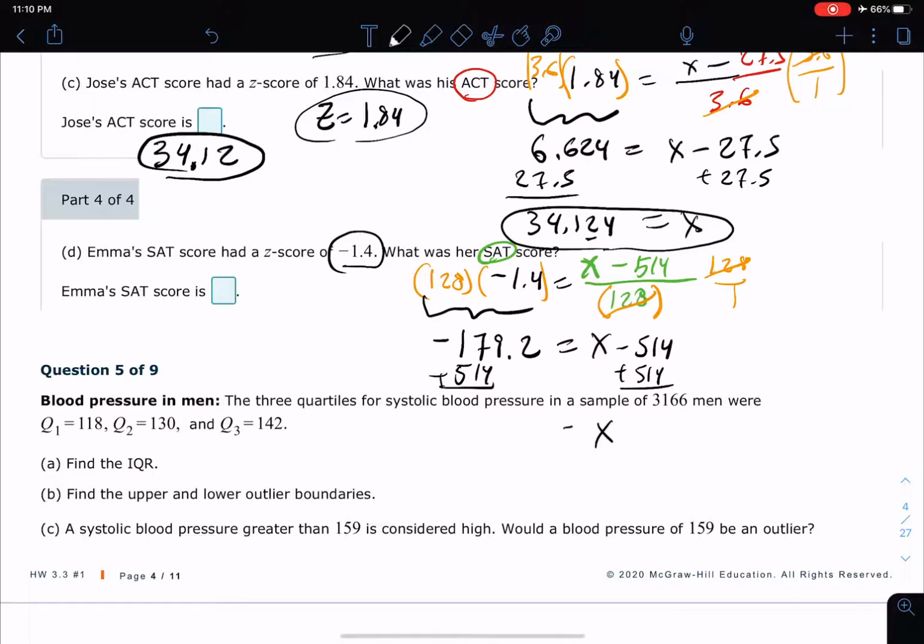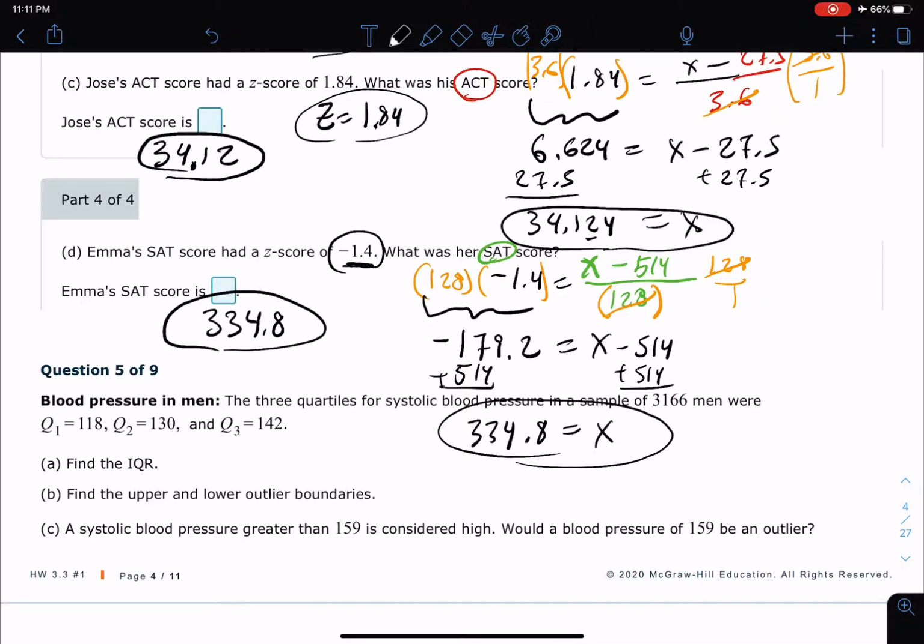I get x equals, what is that? A positive 334.8. And so that means that if Emma had a z-score of negative 1.4 in this test, her SAT score was actually 334.8.